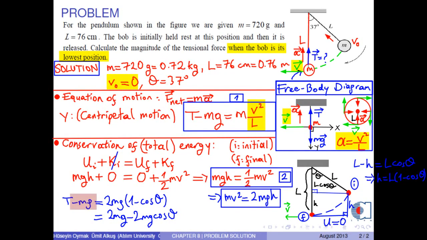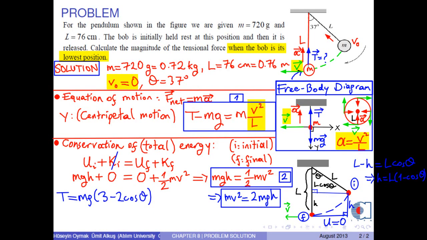If we take the negative m times g on the left-hand side to the right-hand side, simply we have 3mg minus 2mg times cosine theta. Finally, T equals mg times 3 minus 2 times cosine theta.